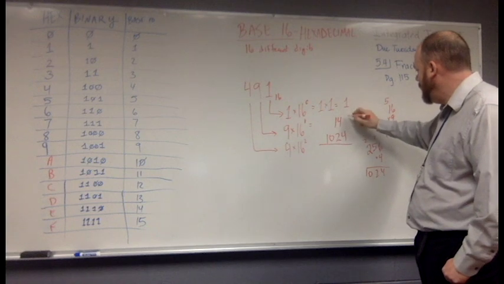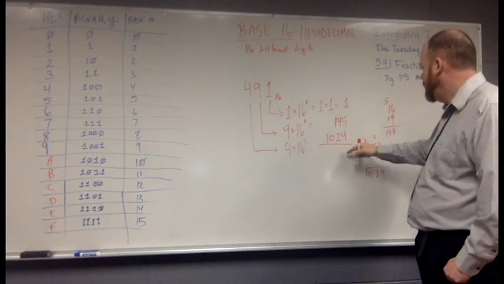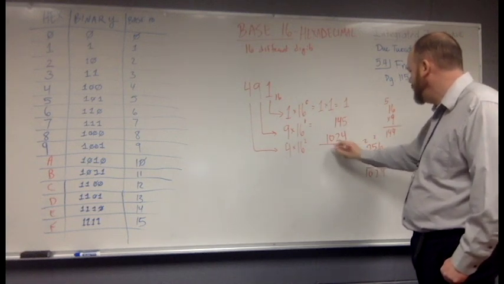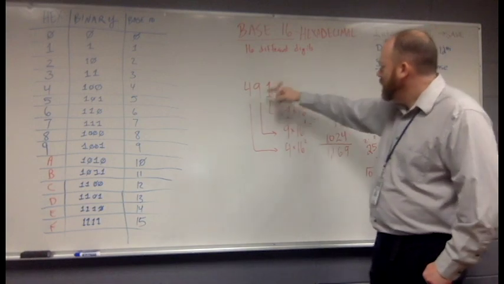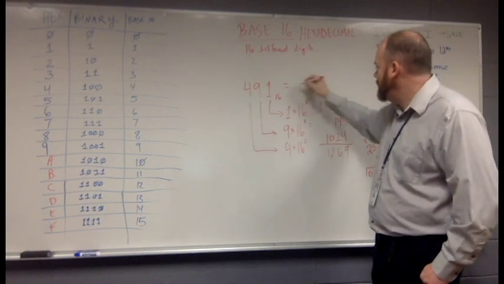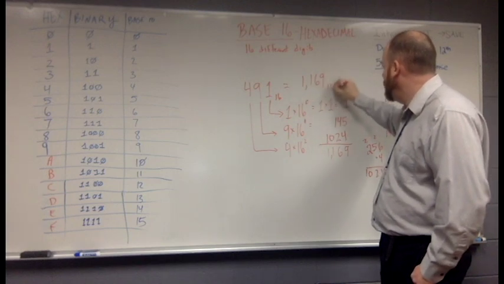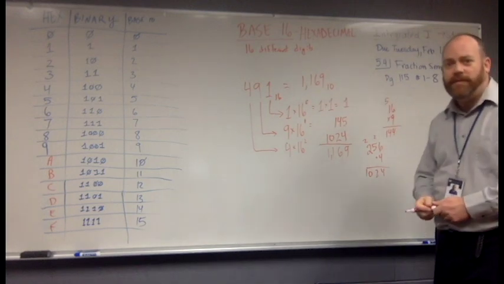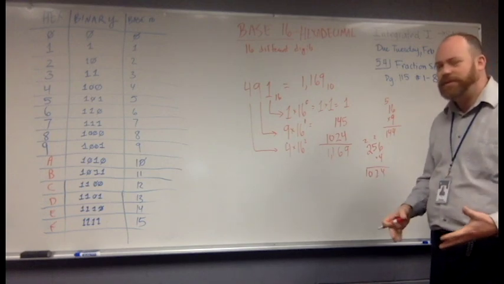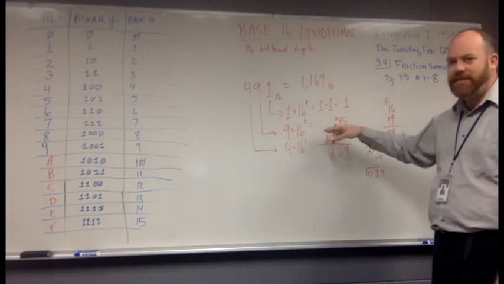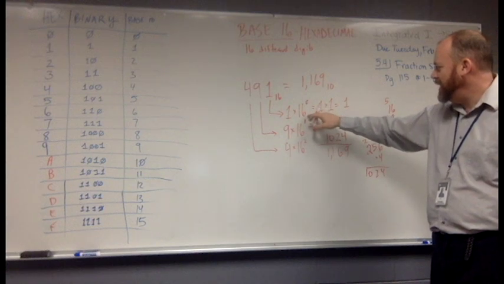In other words, we have to add 145 to this, so we get 1169. So 491 in base 16 equals 1169 in base 10. So it's the same kind of conversions. It's just changing the base.